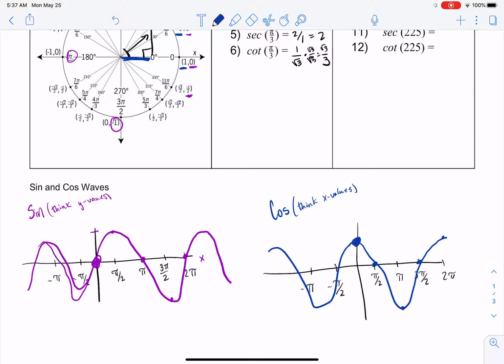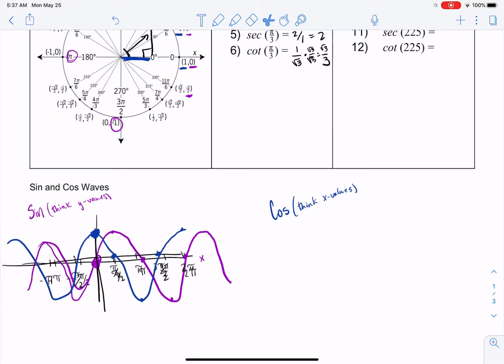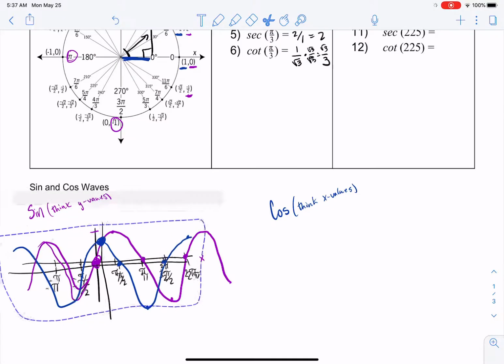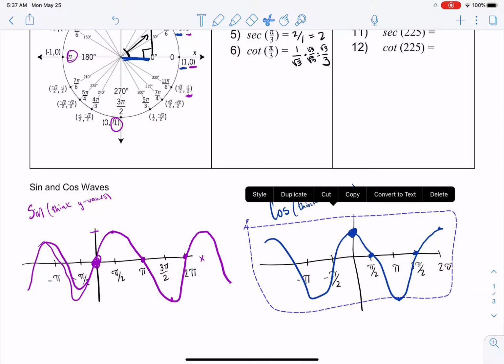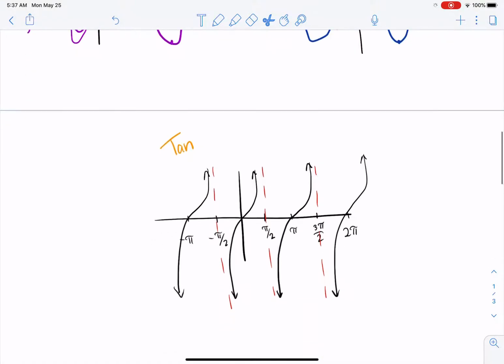Again, my poor drawing here, but the waves should look pretty similar. They just are going to layer on top of each other a little bit differently. So if you see, they're just kind of starting from a different spot, but the wave should look pretty much identical. So that's a basic look at your sine and cosine waves and where they come from. Hopefully that makes sense.